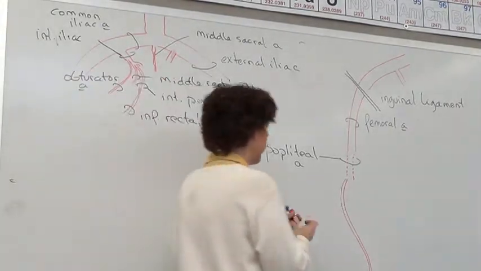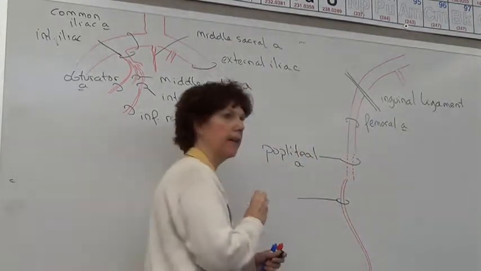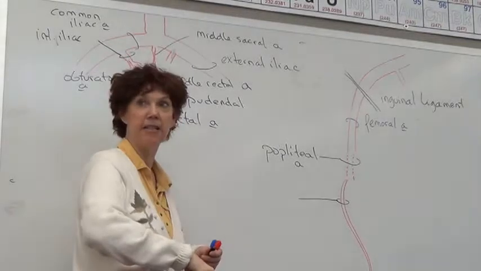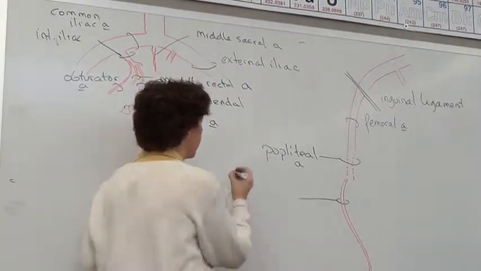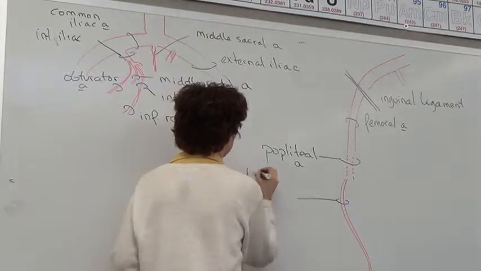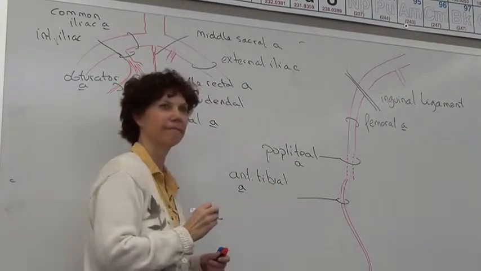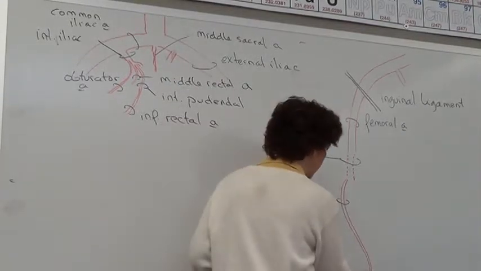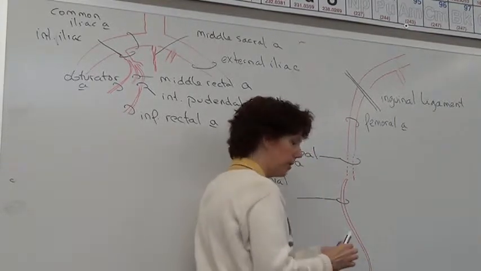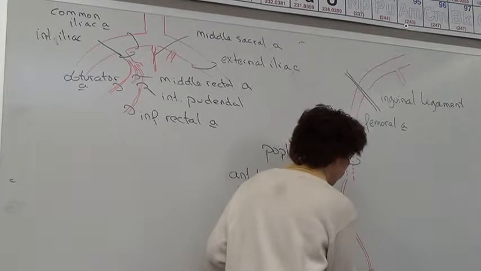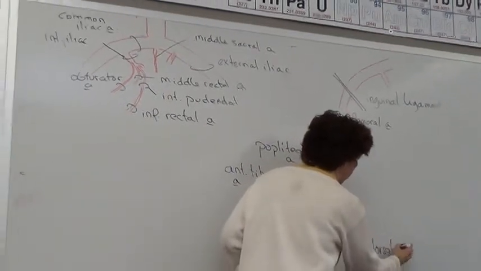All right, so this blood vessel passes between the tibia and the fibula to run down behind the anterior tibialis on that membrane between the tibia and the fibula. And this is known as the anterior tibial artery. It passes onto the top of the foot, and we say the top of the foot is what relationship to the bottom of the foot? Dorsal. So this vessel is known as the dorsalis pedis.